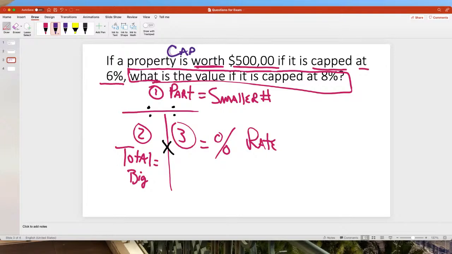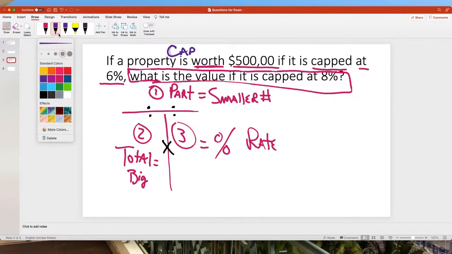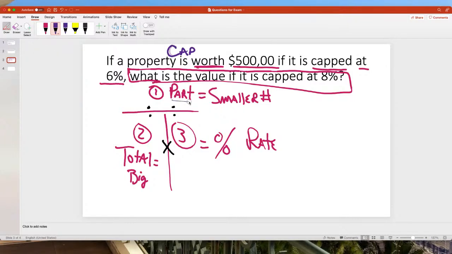So this is a cap rate problem. And when we work a cap rate problem, the part is going to be identified as income, and the total will be identified as the value of the property. Of course, rate remains rate. Let's take a look at this now. We know where the 6% goes, right here.